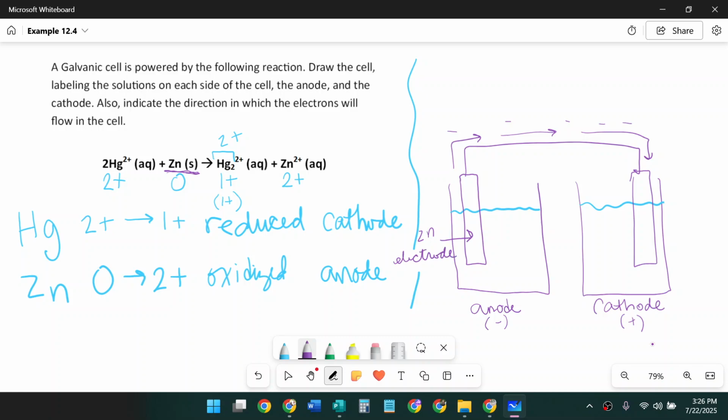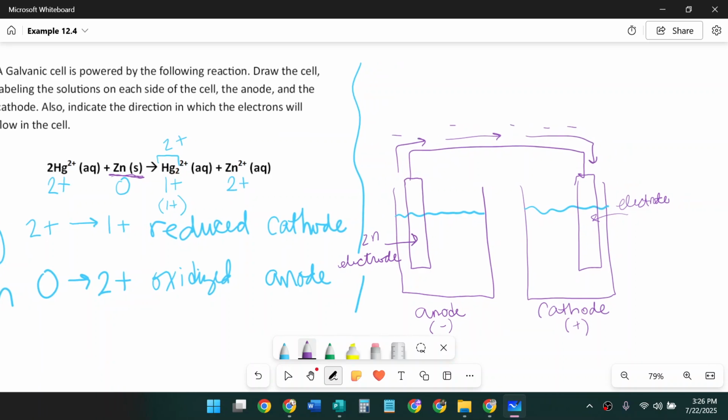All right, on the other side, we know that the mercury is on the cathode side, but the mercury is aqueous as a reactant, and so we can just label this electrode because we don't know what it's made of. Now in this solution, let me scoot this over just a little bit.